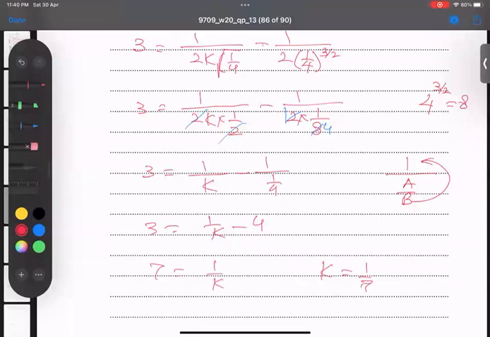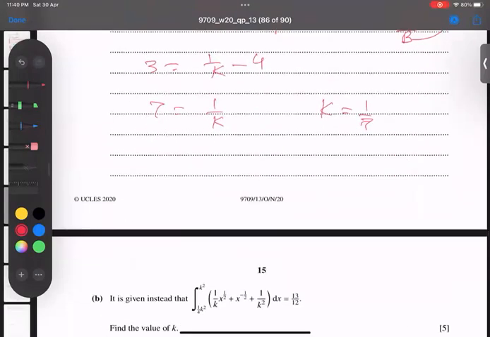So let's go for our next part. In the next part we have that the k value is 1 by 7, sorry.